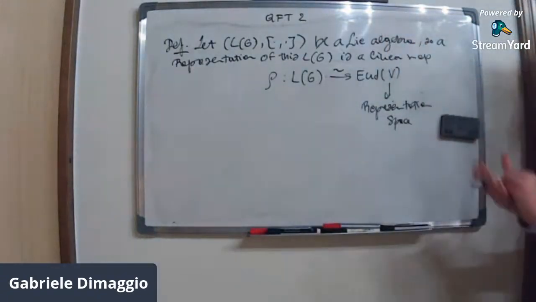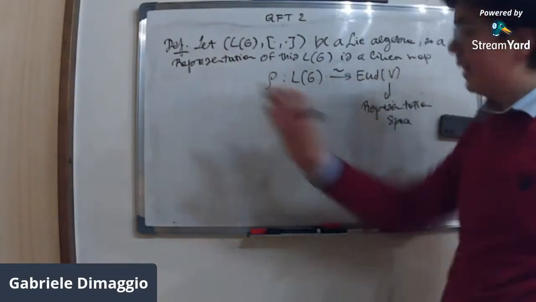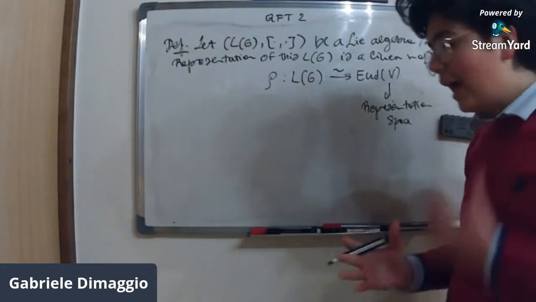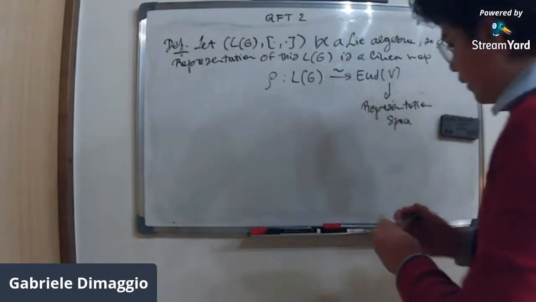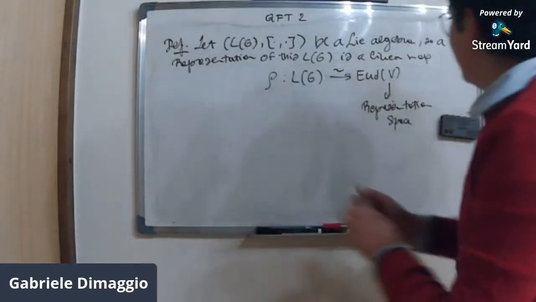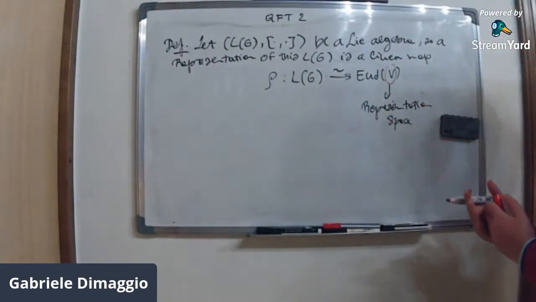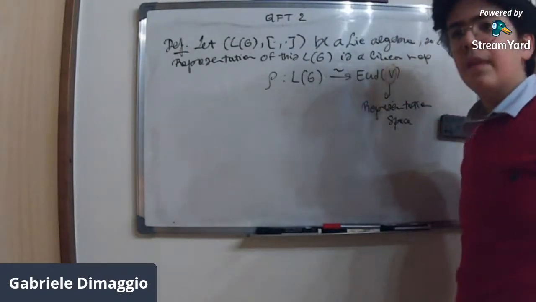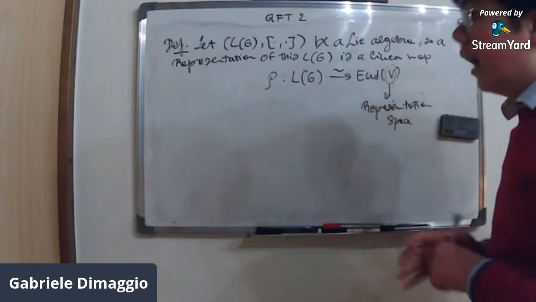So what does this mean? This means that a Lie algebra can have more than one representation, because I have this arbitrary vector space, and I can choose the vector space to make some spaces arise.